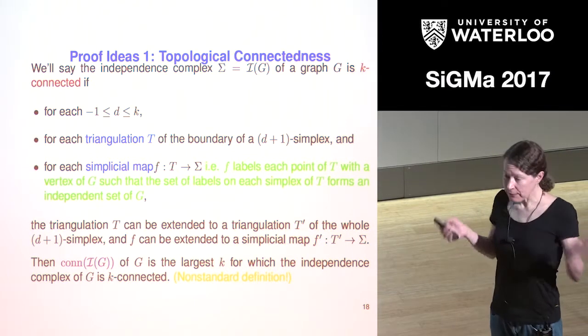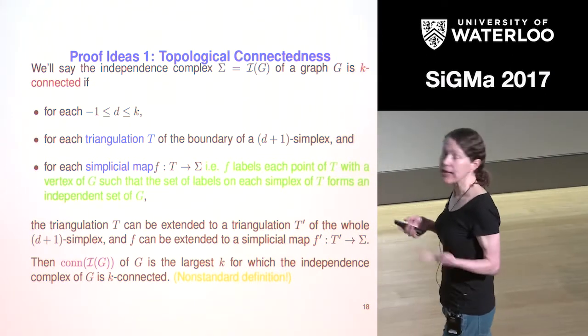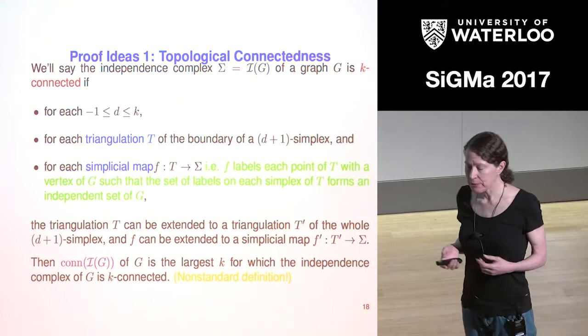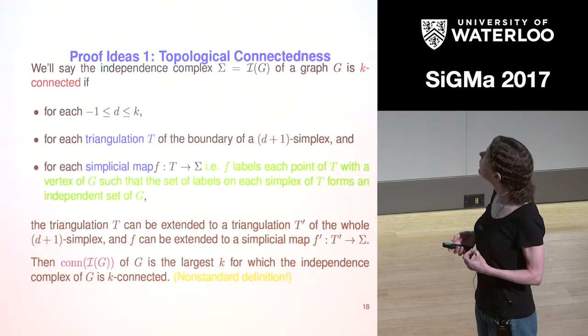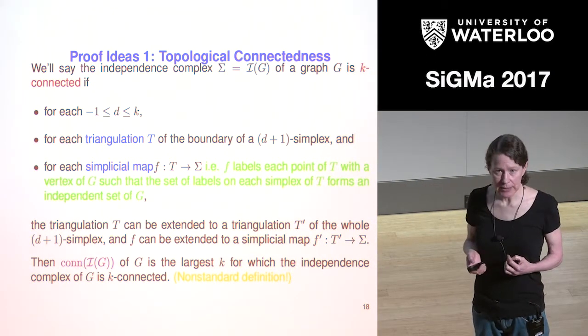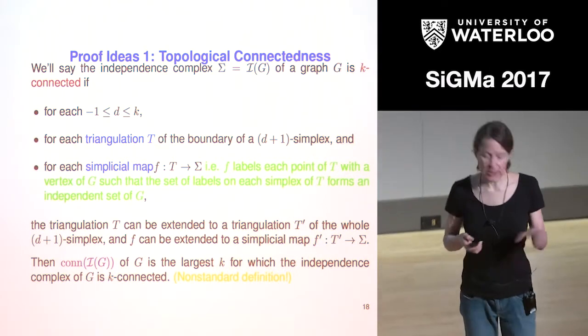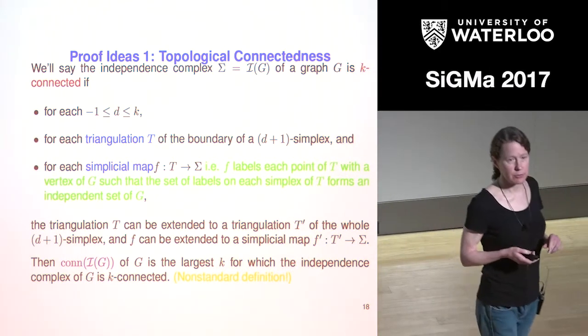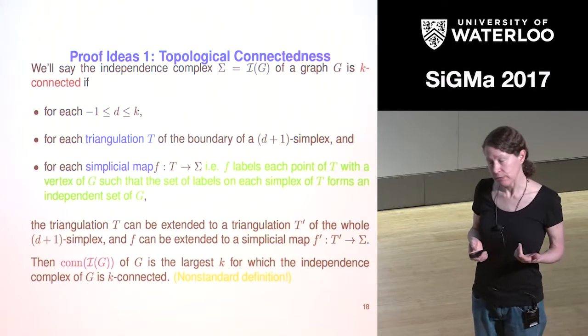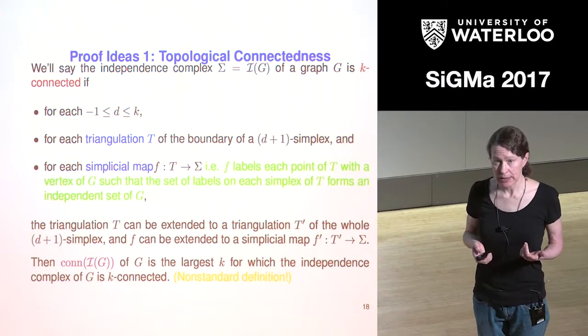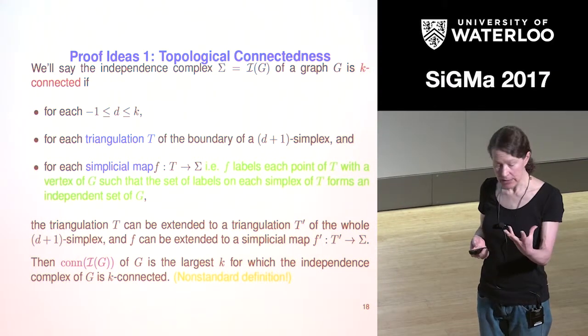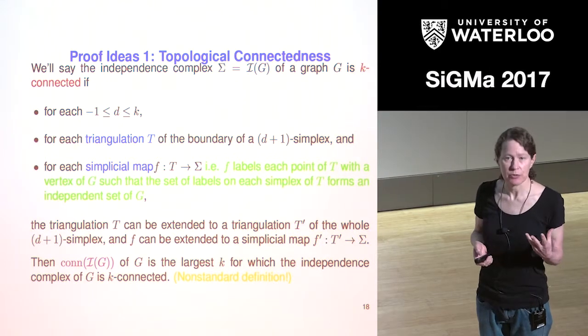So I'm talking about a graph, and I'm interested in independent sets in the graph. I'm going to look at the so-called independence complex of the graph, and all that is the set of independent sets in the graph. The set of independent sets in a graph is an abstract simplicial complex. All that means is if you have an independent set and you have a subset of it, that's also an independent set.